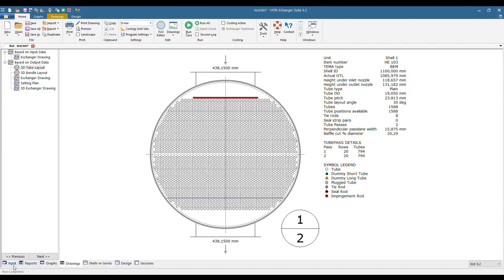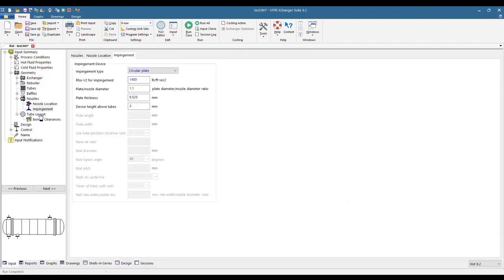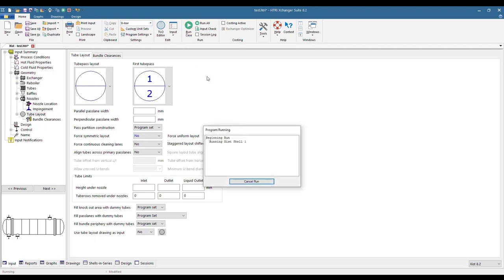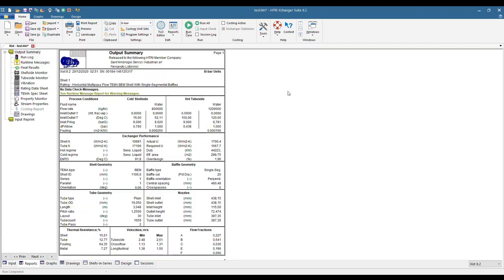We can check. Coming back to the input, tube layout, force symmetrical layout. If we say maybe no here, so we don't want a symmetrical layout, and we run again the case, possibly, well, you see, okay, now we have 2% more?